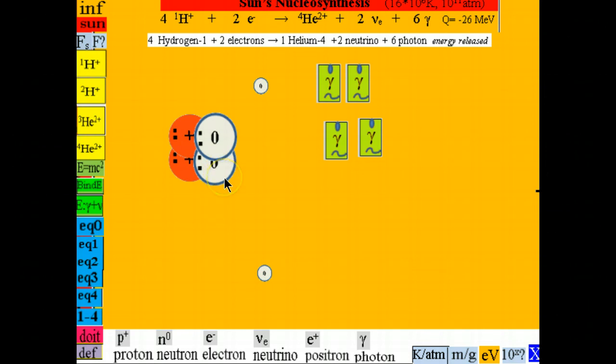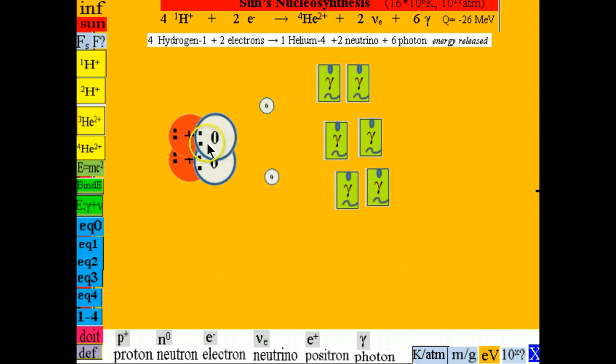And while they are doing that, more energy is released in the form of photons. Now you see what we have. On the right hand side we have one helium 4, we have 2 neutrinos, and we have 6 photons.